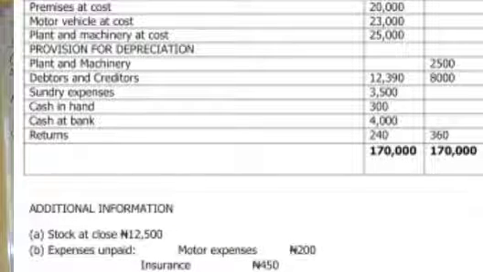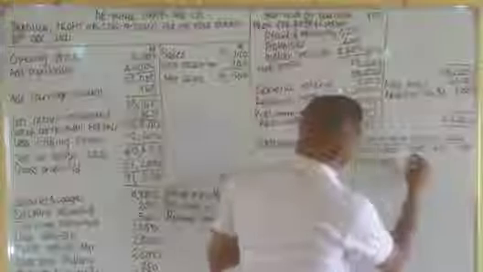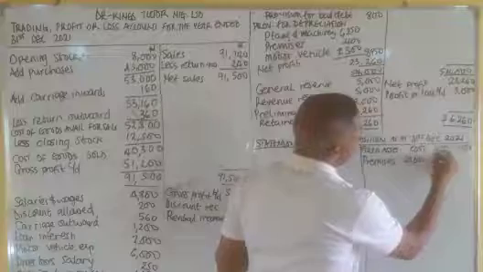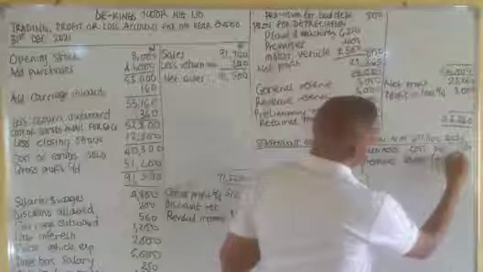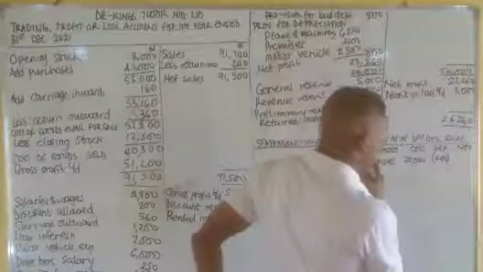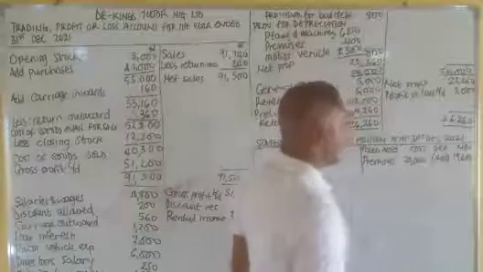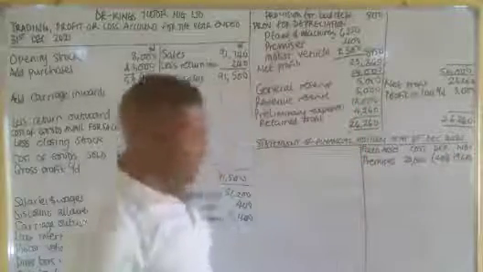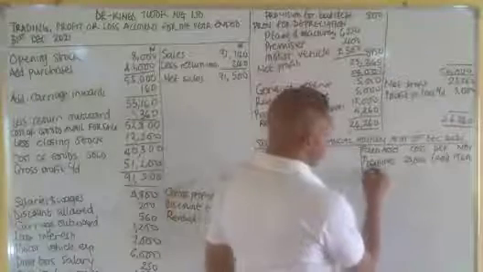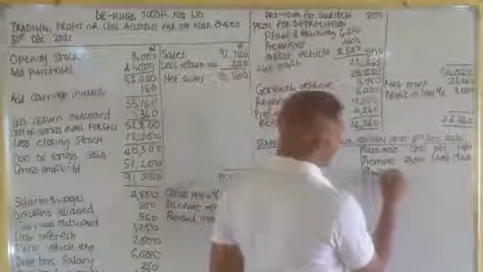The first fixed asset from there is our premises. The premises, the cost there is 20,000, while the depreciation is 400. Okay, so our net book value becomes 19,600. So that's the cost for the net book value. The next one is plant and machinery.